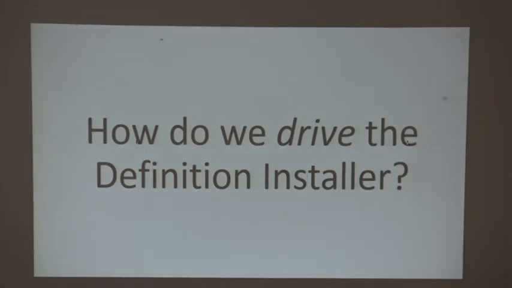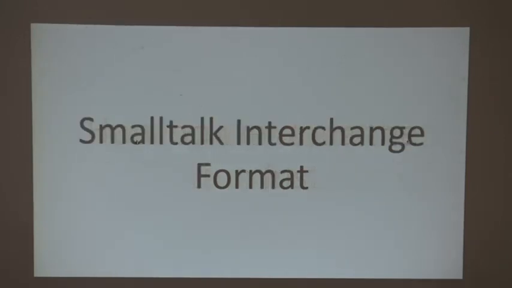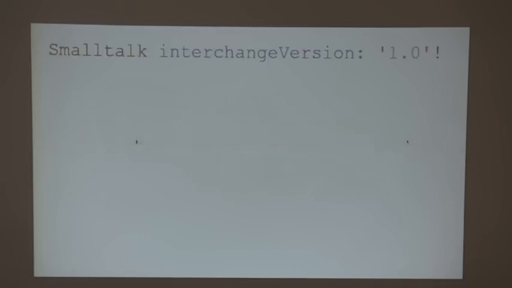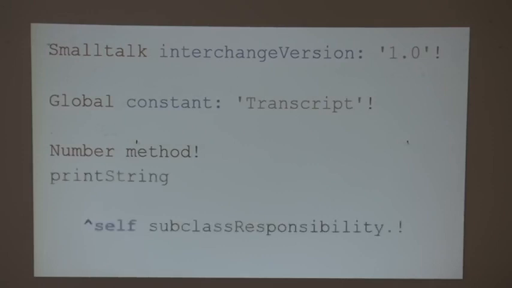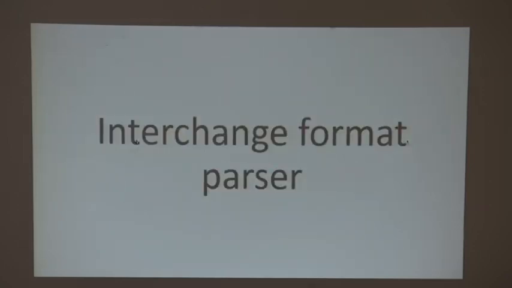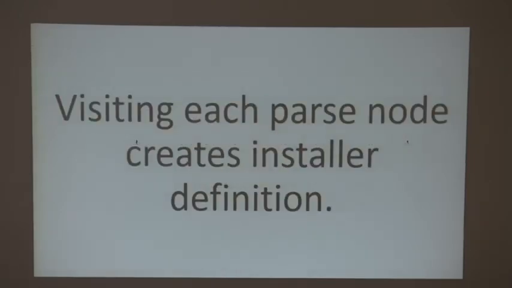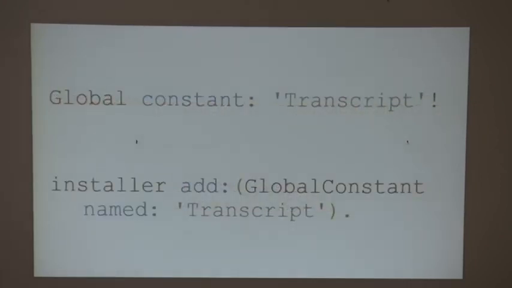So how do we drive this definition installer? Obviously, it's the Smalltalk interchange format, fileIns. I don't want to talk about it. It's basically defined in the standard. You define the stuff. You need a parser for this. You write the parser. You visit each parse node, and out of this, you create definition nodes.